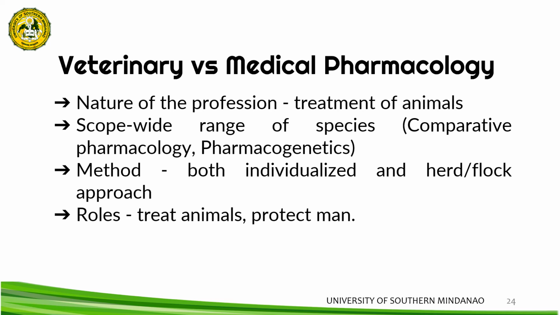So under this, we have the importance of comparative pharmacology and pharmacogenetics or pharmacogenomics, which involves the individual variation in the response of the animal to a particular drug, as dictated by the genome or the genetics of that particular animal. We also have the method, when we are going to compare them, both can apply both individualized or herd or flock approach in terms of the treatment, for example.